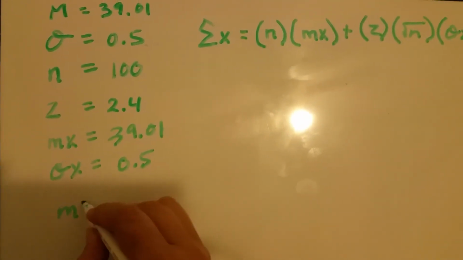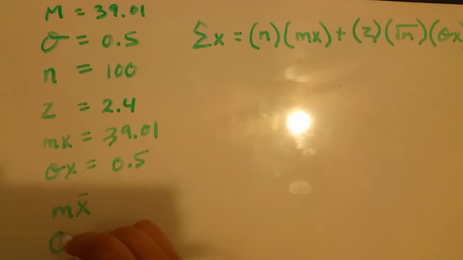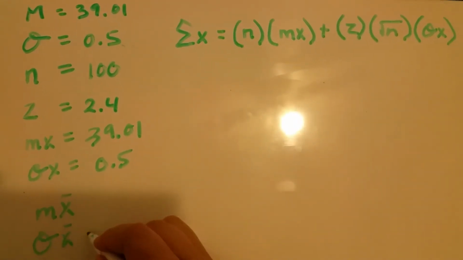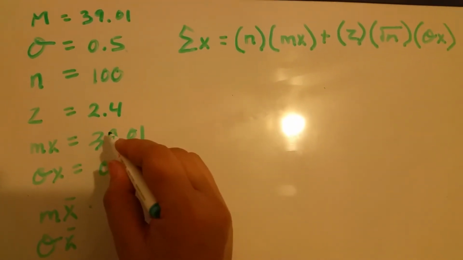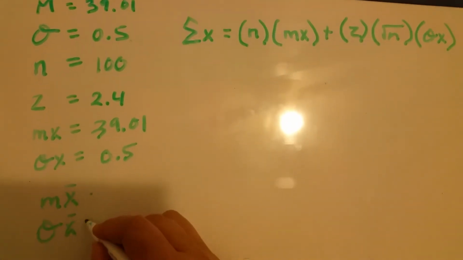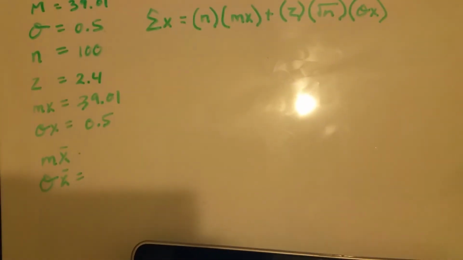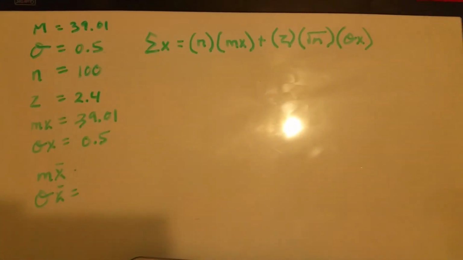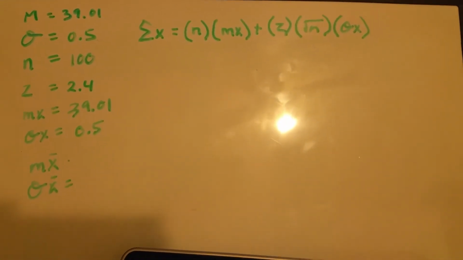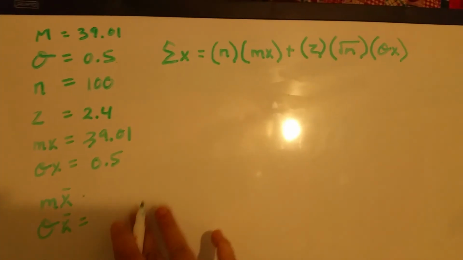If it had the bar over it, you would have to use the formula where we did the standard deviation over the square root of the count. That's different, but we don't need that in this case.